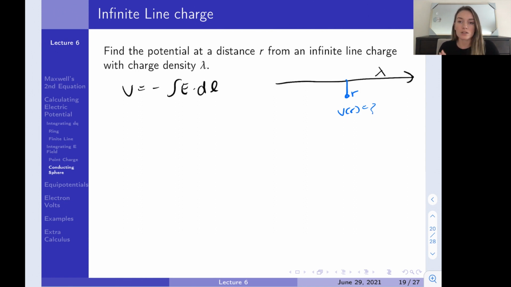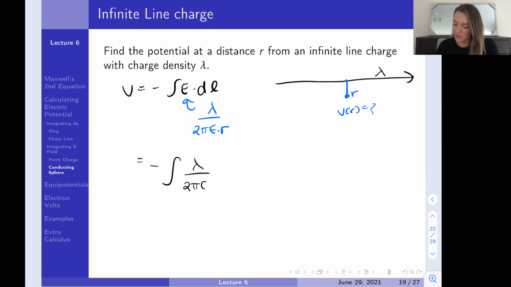If you don't remember how to use Gauss's law to find the electric field of an infinite line or cylinder, this would be a good time to go back and review that, because I'm just going to skip right to plugging in the electric field, since A, you should memorize it, and B, once you do enough problems, you'll just memorize it anyway. So this is going to be lambda over 2 pi epsilon r, and I can just plug that in right away.